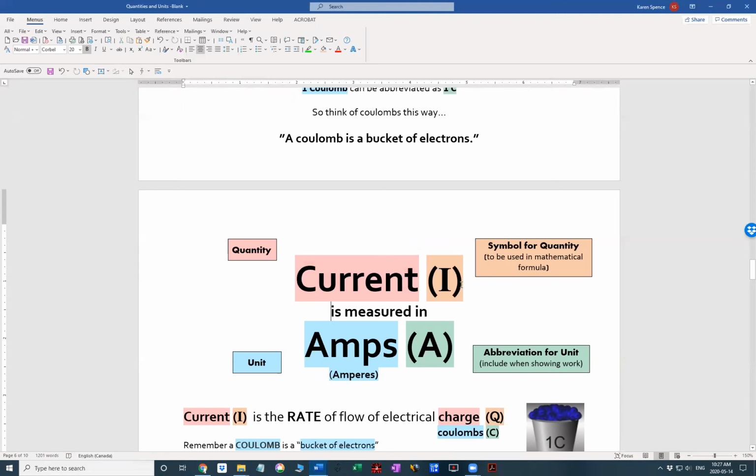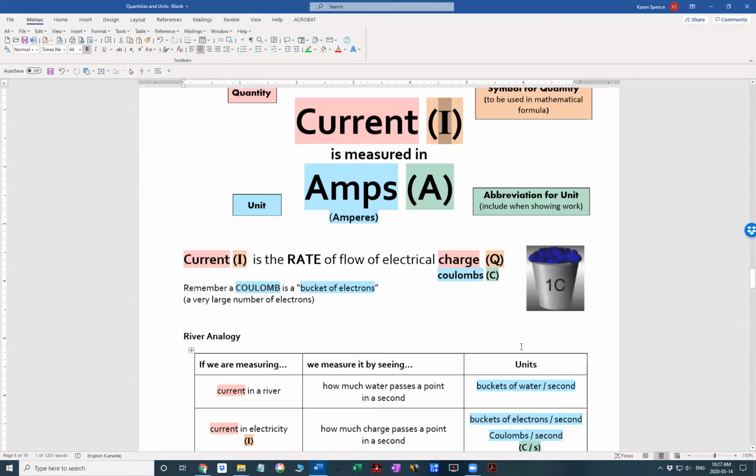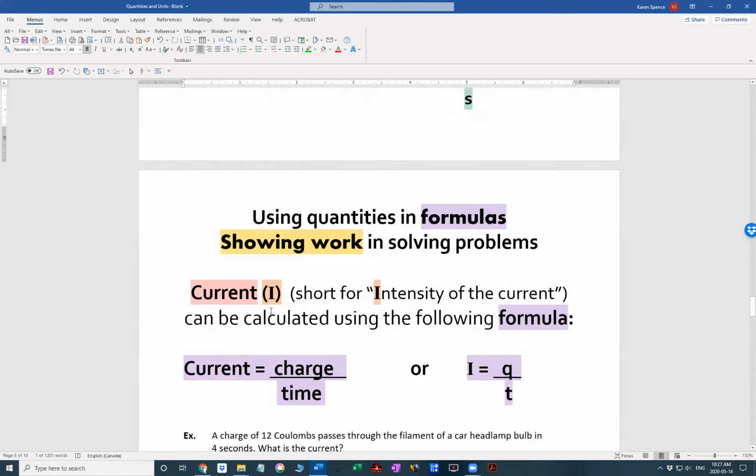and our symbol for current is I, which again, you might think, why is it an I? Well, I should have put it on the same page, but I didn't. Current, I, the I is short for the intensity of the current. So imagine that you have gone inner tubing in a river, and it is a slow, lazy river, and you're just floating down, everything's moving by slowly.